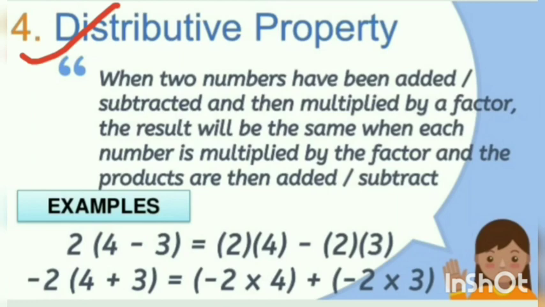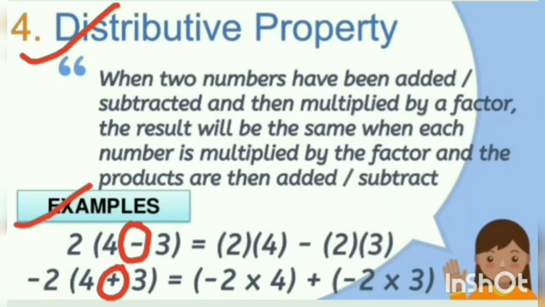If in between the two members inside the bracket we have a negative sign, then that is called distributive property of multiplication over subtraction. If we have the positive sign, then that is called the distributive property of multiplication over addition.